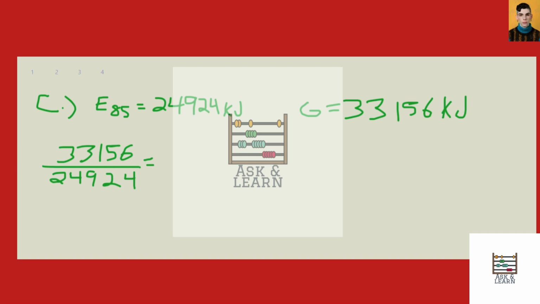That gives us 1.33. So you would need 1.33 gallons of E85 to produce the same amount of energy as one gallon of gasoline.